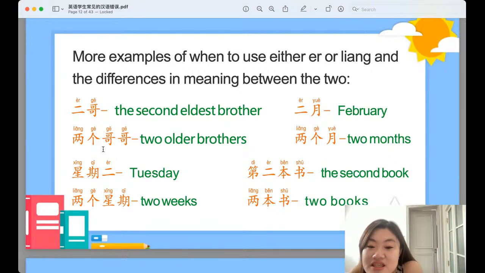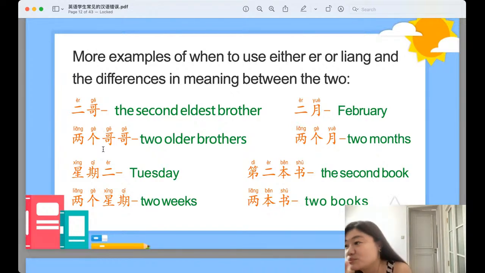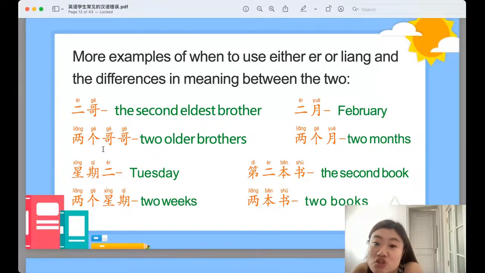And the next one, if you say the second book, you say 第二本书, because again you put things into order. But if you say 2 books, you say 两本书.